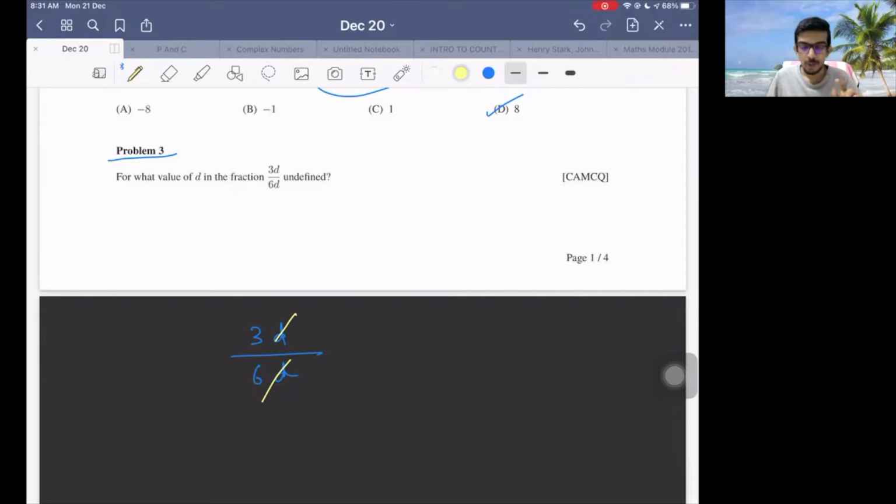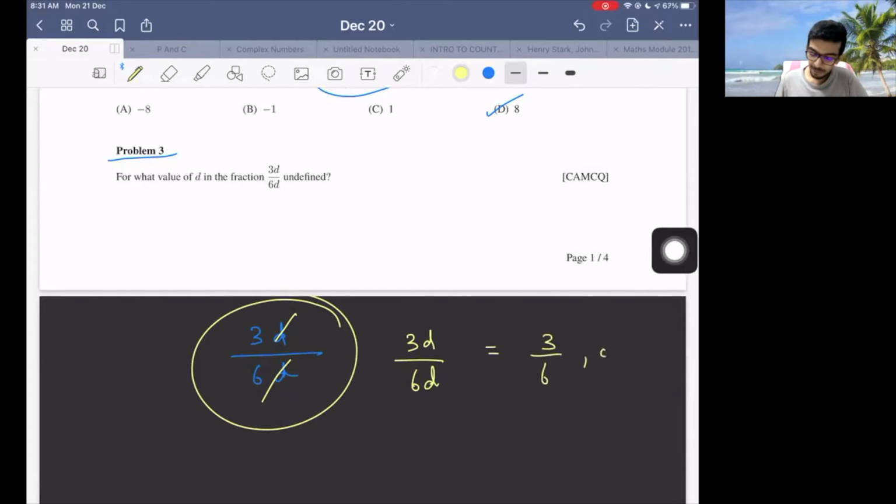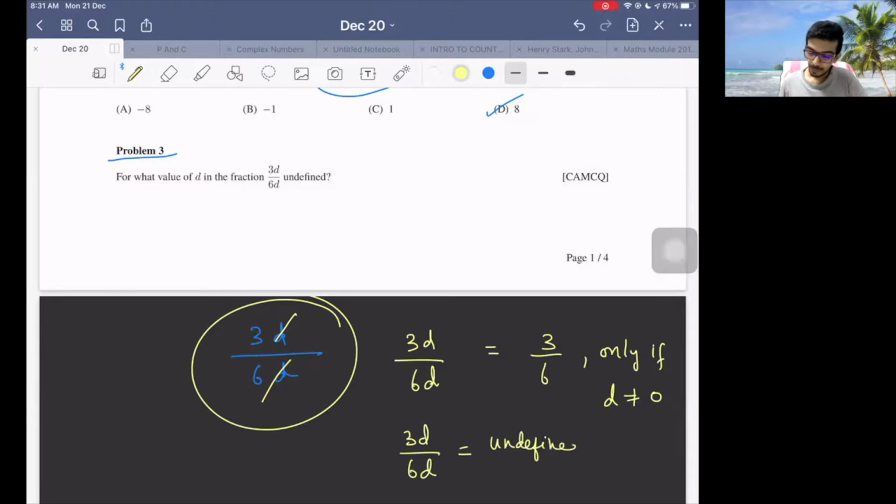So if d is 0, you cannot do this cancellation. This 3d divided by 6d can be written as 3 divided by 6 only if d is non-zero. This 3d divided by 6d will be undefined if d is equal to 0.